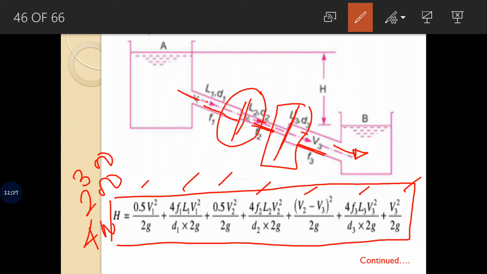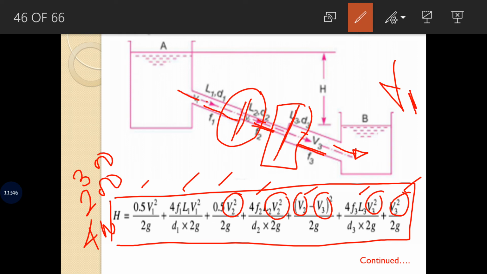Now what we can do is, v1 is unknown, and v2 over here and here can be written in the form of v1, which was previously derived. In this equation, v2, v3 and this v3 are written in the form of v1.